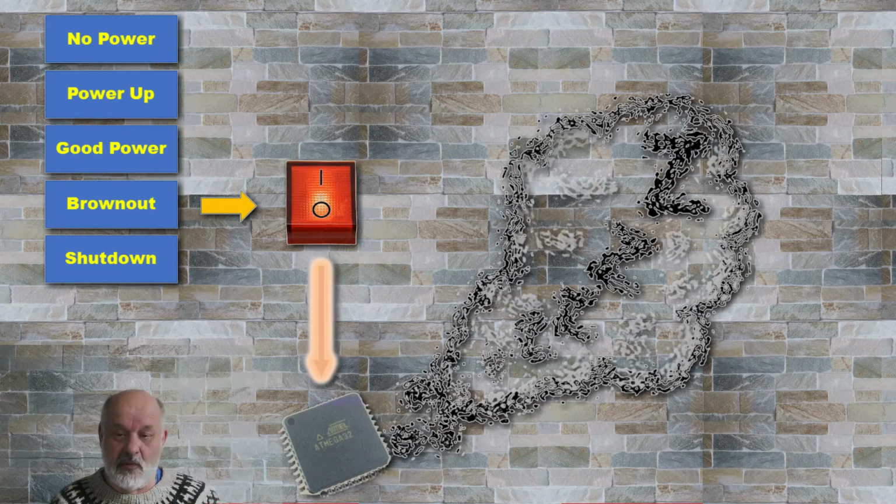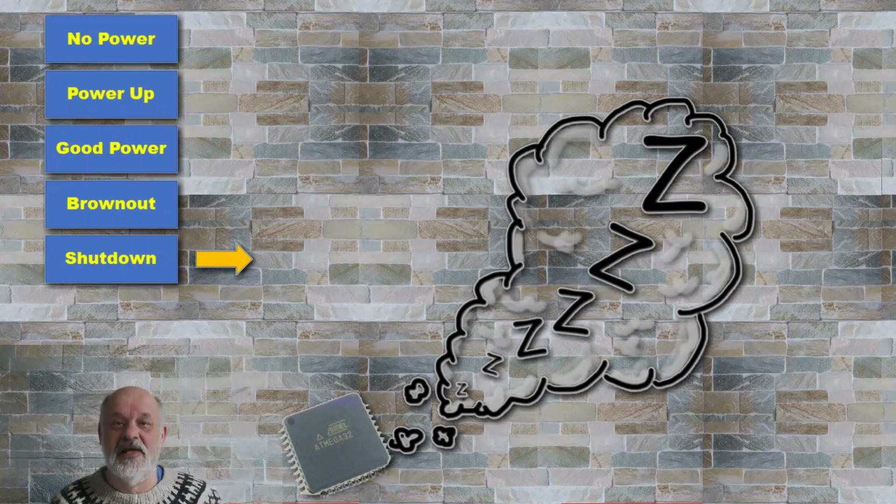If the power went down, it will do the reset again. The other way this brownout can end is a complete loss of power, and this is the normal shutdown of your device. These are the states which you can encounter when microcontroller code executes.